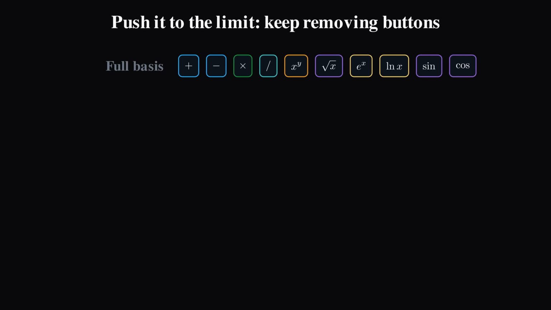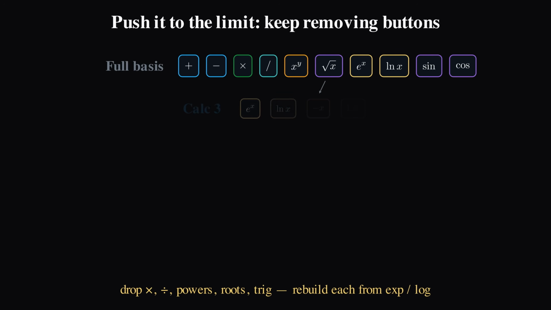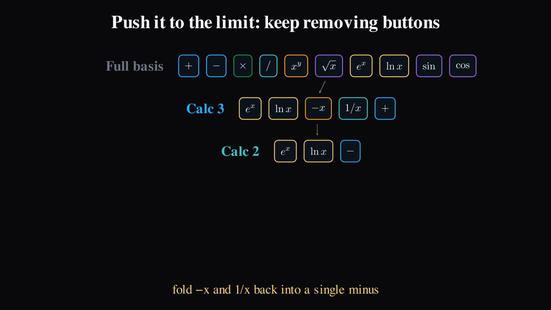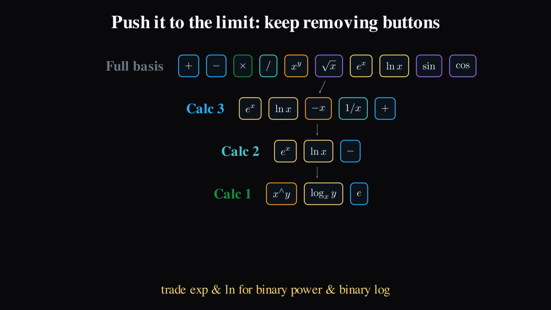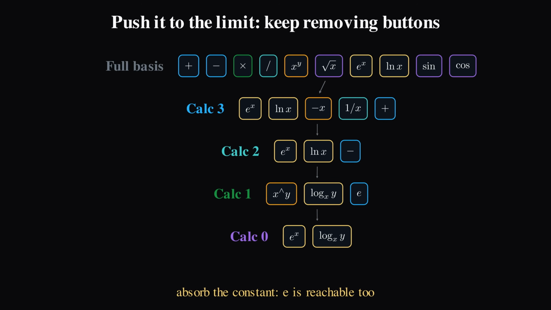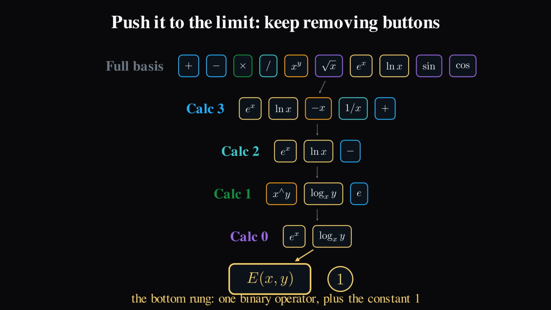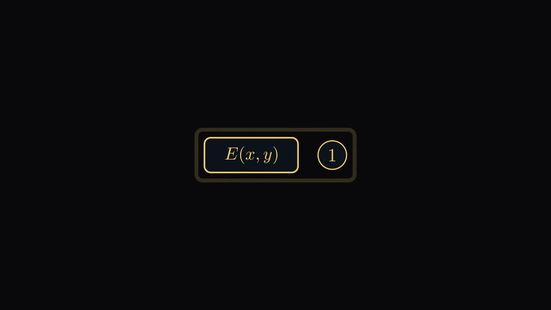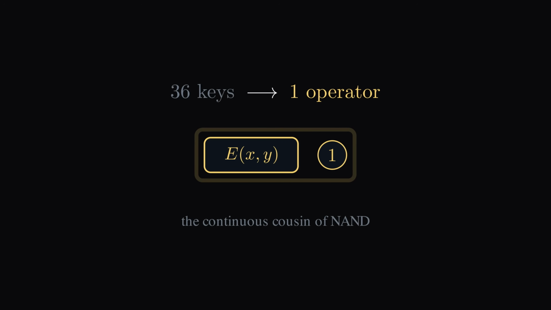And so this paper is pushing this idea down a ladder of smaller and smaller calculator bases. At each rung, a function is allowed to disappear only if it can be reconstructed from what remains. Eventually, the descent reaches the absolute lowest rung, one binary operator plus a constant 1. That is this paper's proposal of a sort of continuous cousin of NAND.